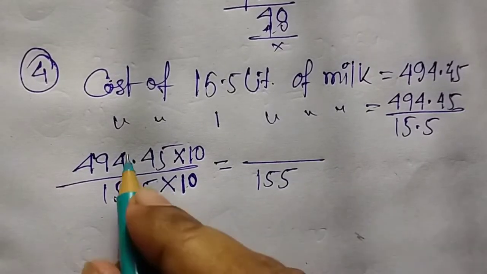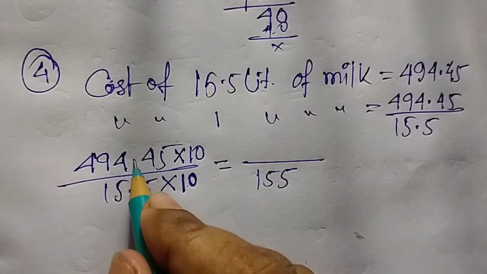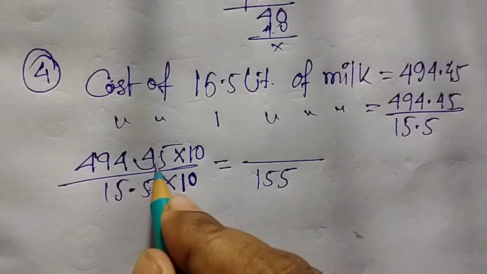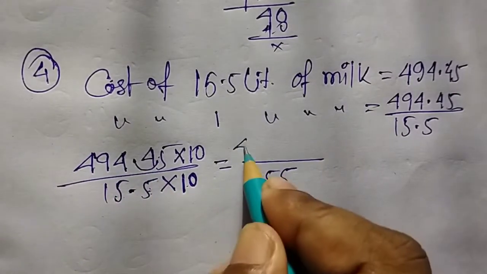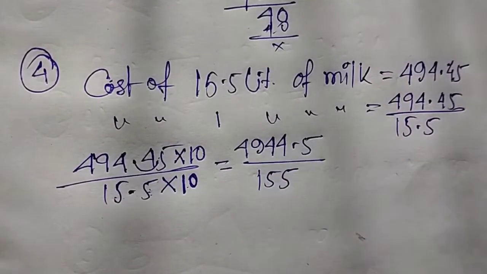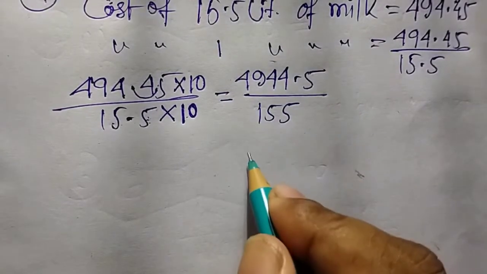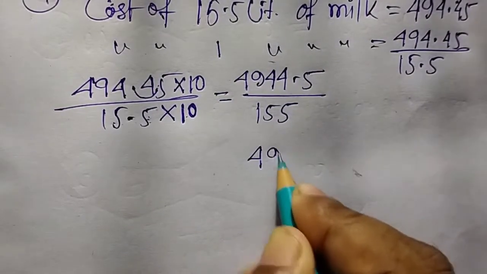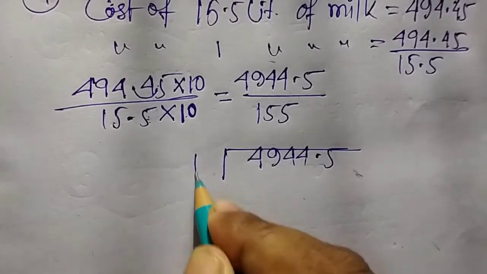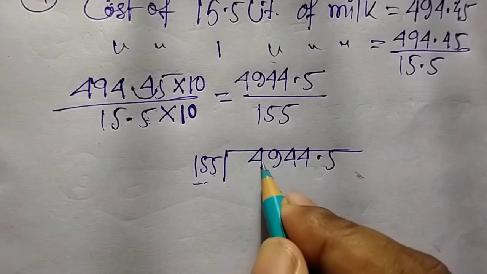Now in the numerator we have to shift this point to the right by one decimal place. Now 4944.5. Now divide this decimal number by a whole number in a similar way. So here is 4944.5 divided by 155. So here is 3 digits.